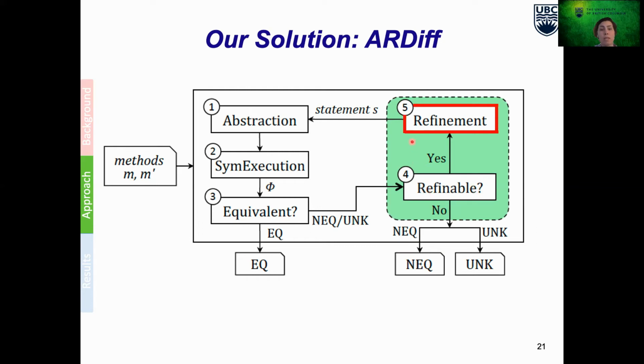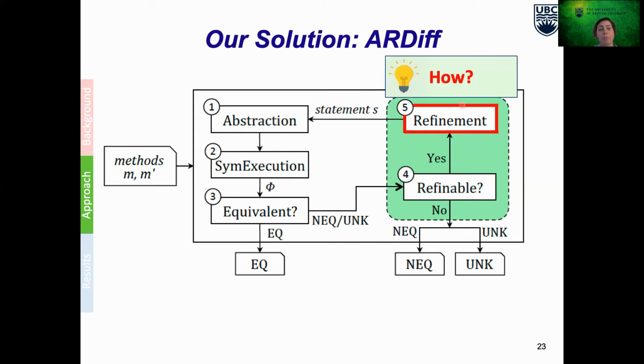Otherwise, we need to select an uninterpreted function present in the summaries to refine. The selected statement will be skipped from abstraction in the next iteration, and the process will repeat again until we prove or disprove equivalence or there is no uninterpreted function left in the summaries.